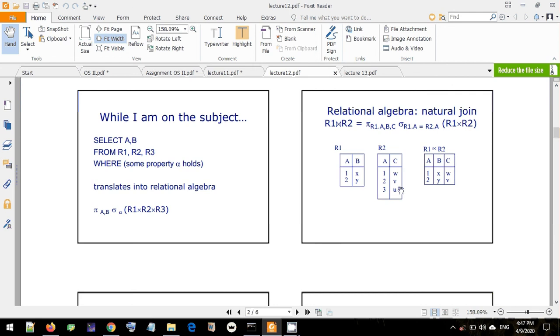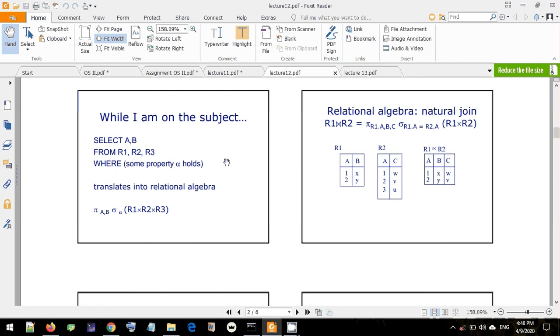While on the subject, let us see how we can translate SQL commands to relational algebra. Now, we have an SQL command: select AB from R1, R2, R3 where some property alpha holds.